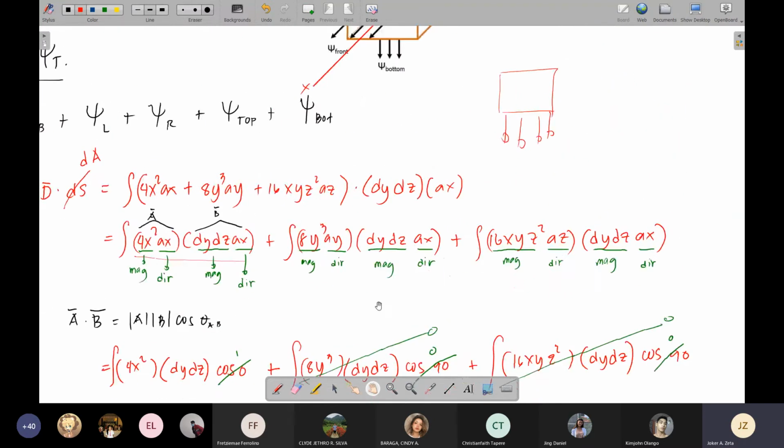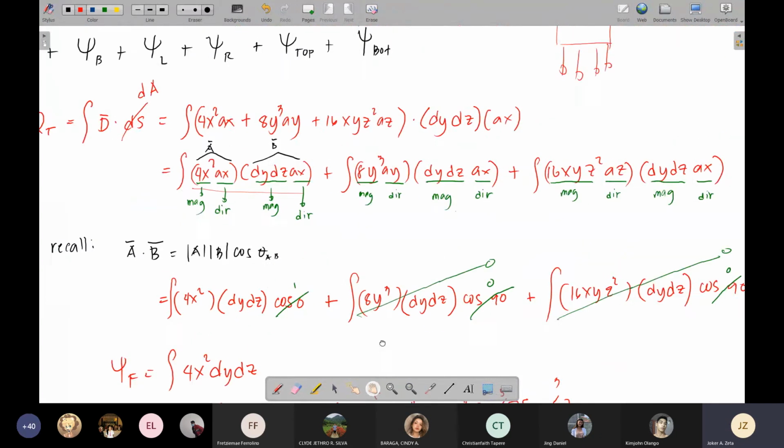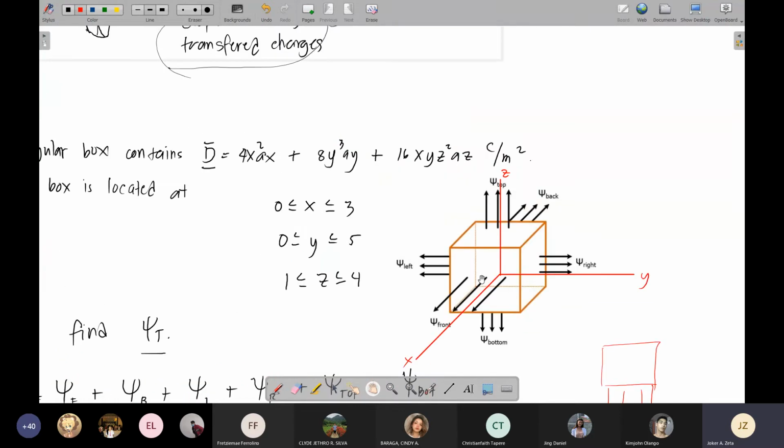Now, you're going to determine where the location of the front surface is. Since we want the flux on the front, you base it on the limits.